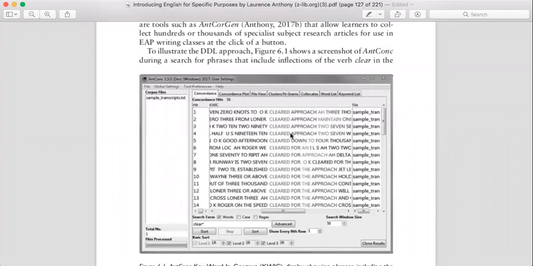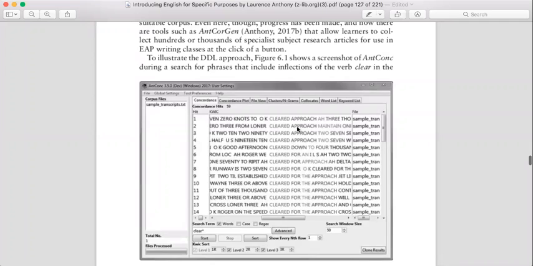So the display reveals to learners that clear can be used in the phrase cleared approach or cleared for approach, and the difference in the meaning is rather subtle. So you need to teach them how and where they can use this cleared approach, right?